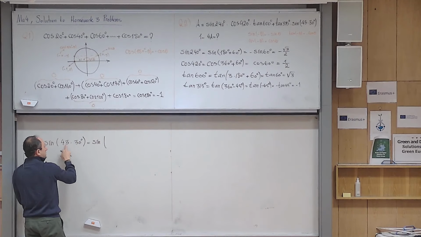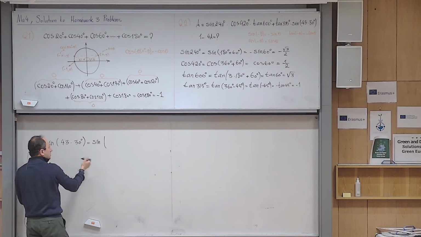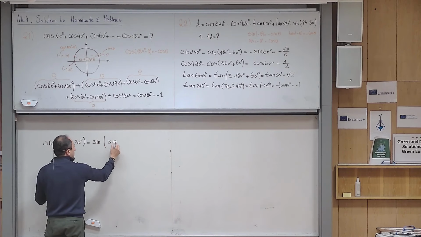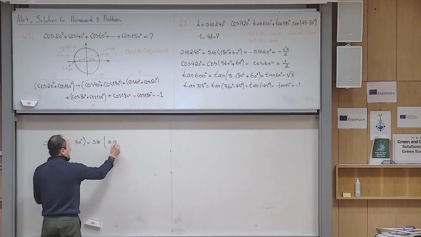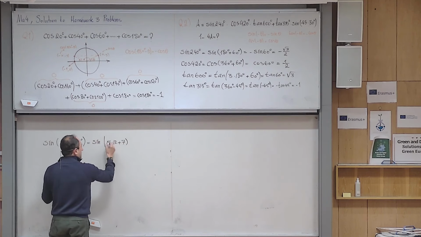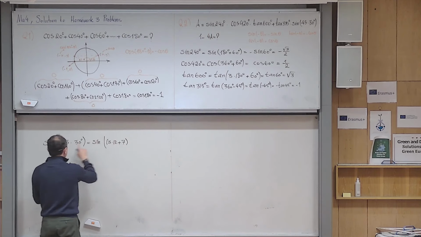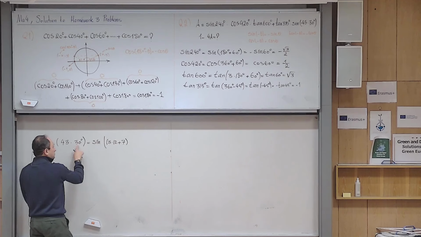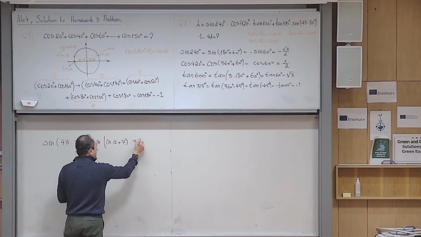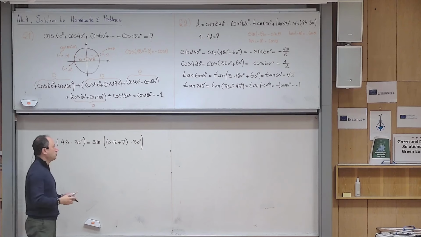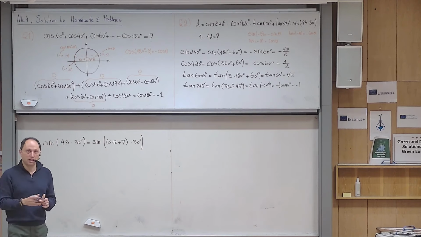So this motivates me to write this in a way that I can see how many 360 degrees can appear. I know that 12 times this is one full circle. I ask myself how many 12s I can fit into 43. It's not hard. 3 times 12 is 36, but I have 7 more. 3 times 12 is 36 plus 7 is 43, multiplied by 30 degrees. I'm not saying this is the only way, but this is one way to escape from heavy calculations.